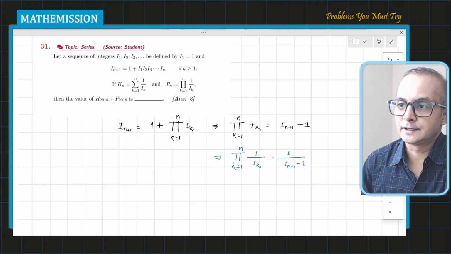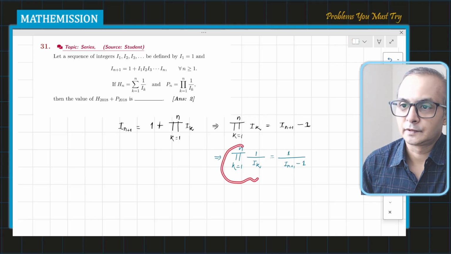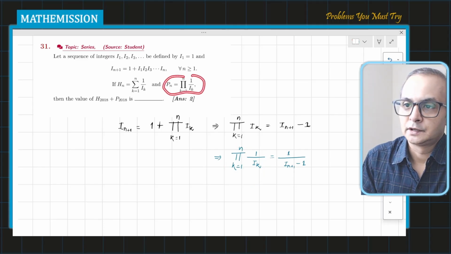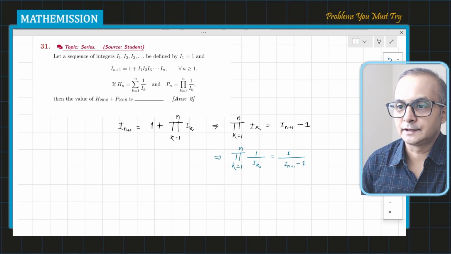And this is exactly what is given for Pn. So the Pn value we found is 1 by In plus 1 minus 1.